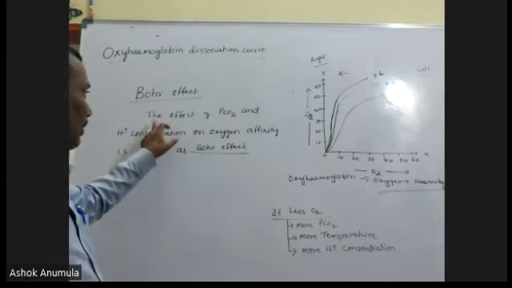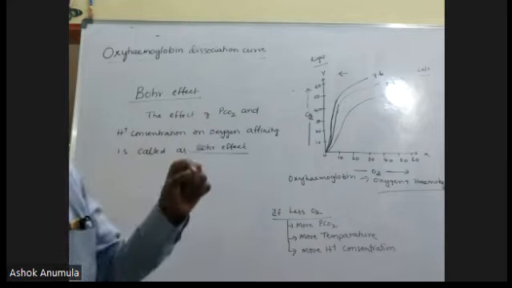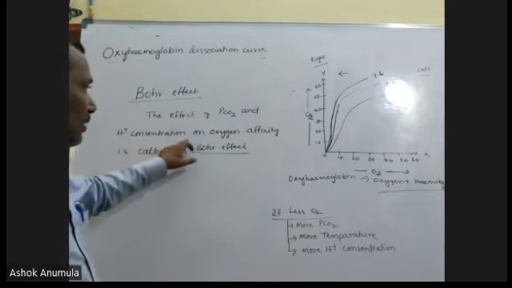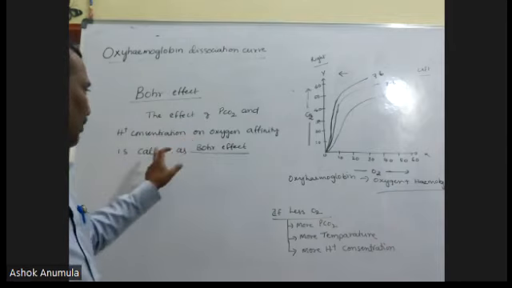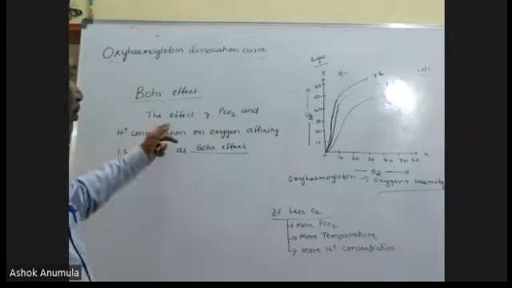Just now we discussed the effect of PCO2, the partial pressure of carbon dioxide, and H plus ion concentration on the oxygen affinity of hemoglobin, which is called the Bohr effect.